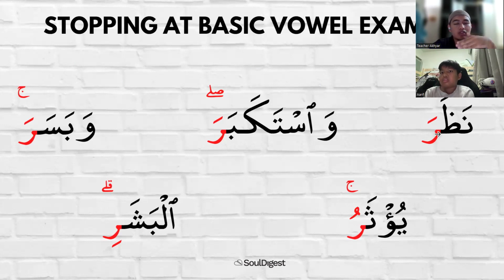If you want to stop, we have to put the sukun. So how do we read this if we want to stop? Nazar. Even though it has the upper vowel, when we want to stop, it becomes nazar.